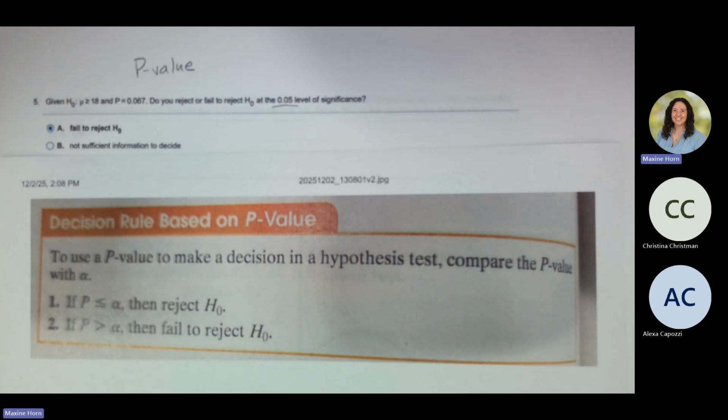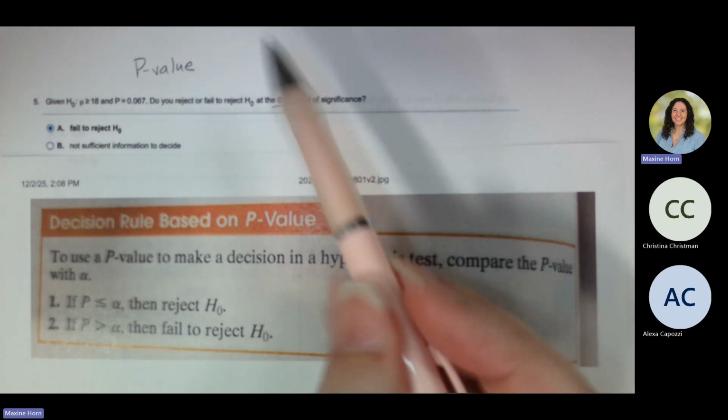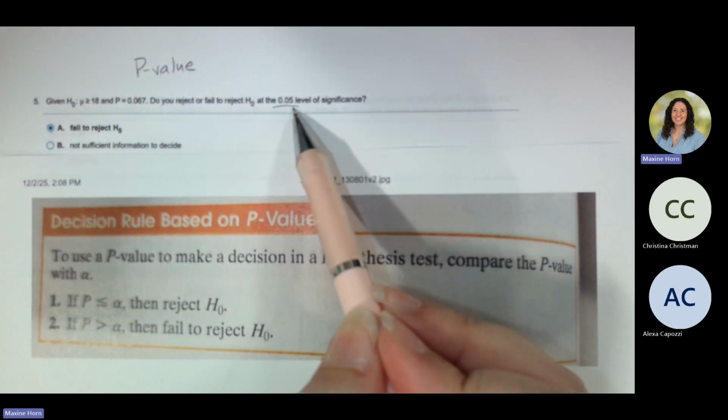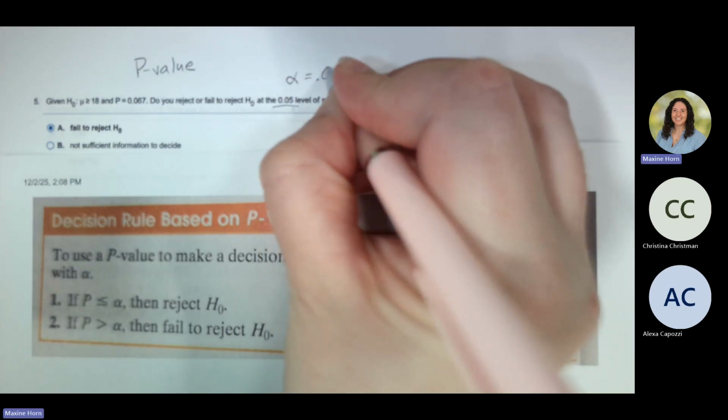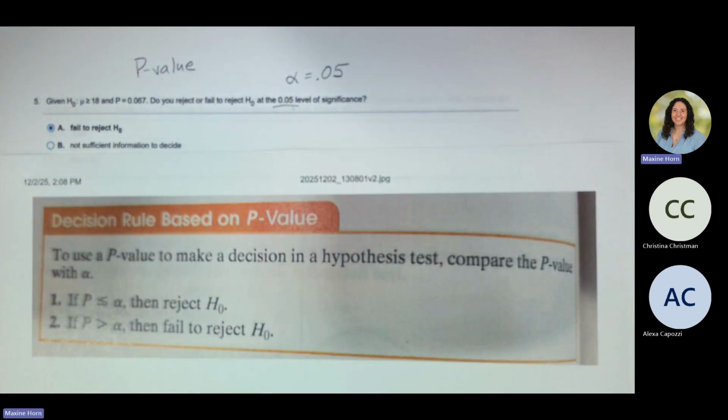But once we have our p-value, we're comparing it to the alpha, which is the level of significance, right? So our level of significance, our alpha for this particular problem, is 0.05.